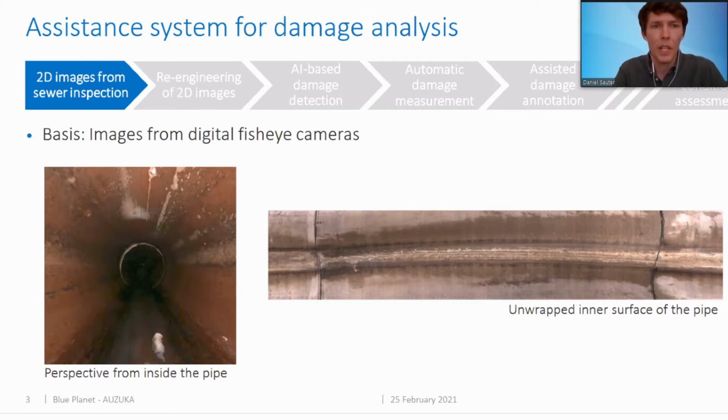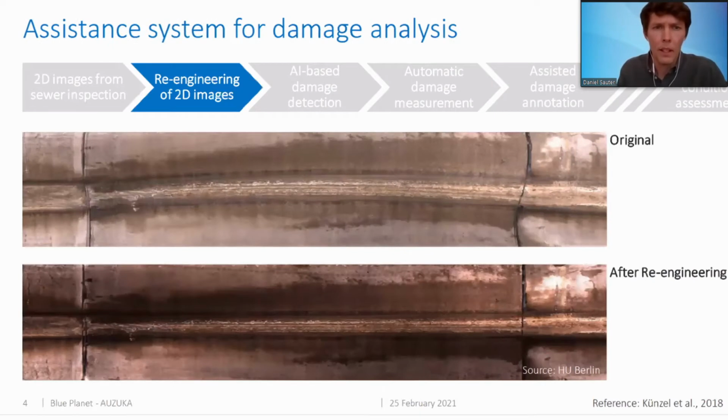So the very first step of our, next slide, please. The very first step of our assistance system is what we call the re-engineering of the 2D images for improvement of the quality. So we see the same inner surface of the pipe again, like in the slide before, in the upper picture in the original version.